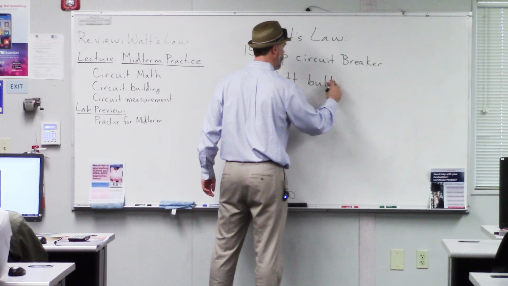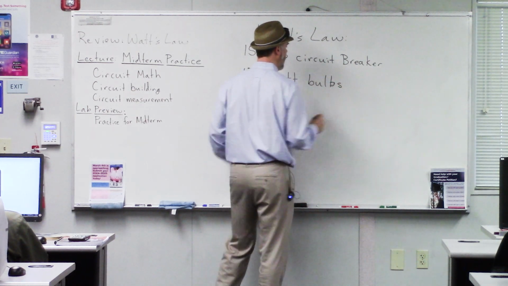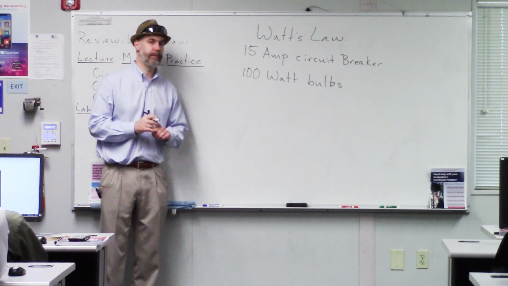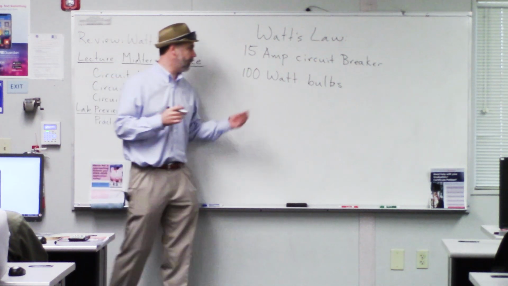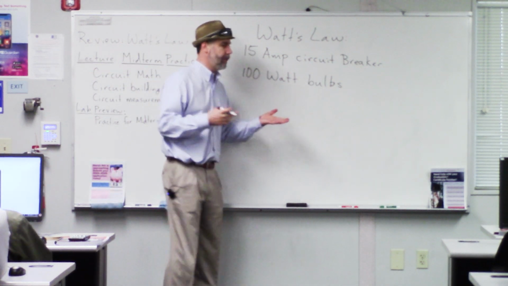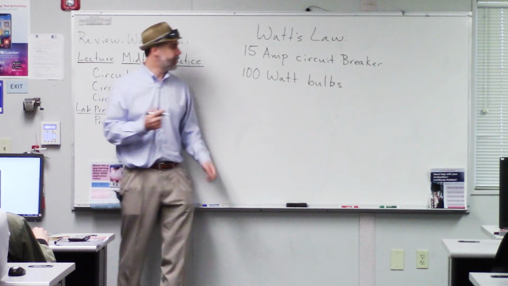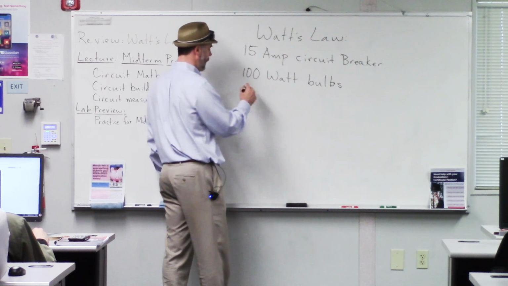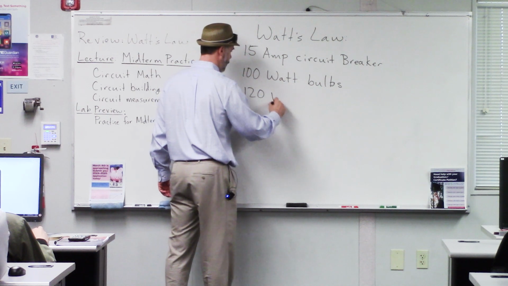And you want to know how many of these light bulbs can you put into this room without tripping the circuit. Okay? And also, we know that this is a standard house. Okay? So standard house, standard building. So that means that the voltage of the electricity in the wall is 120 volts.